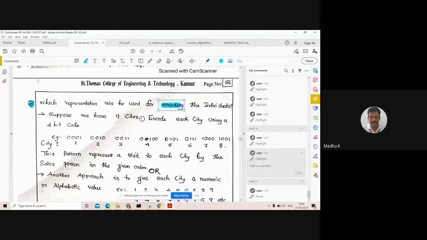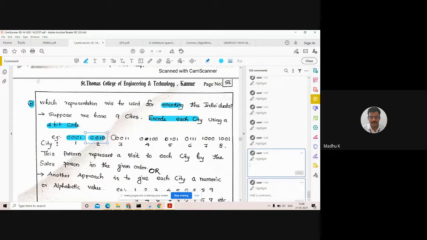Suppose we have 9 cities. In this case, we can encode each city using 4 bits. For example, we can use the binary representation, or represent it numerically. This pattern represents a visit to each city by the salesperson in the given order.